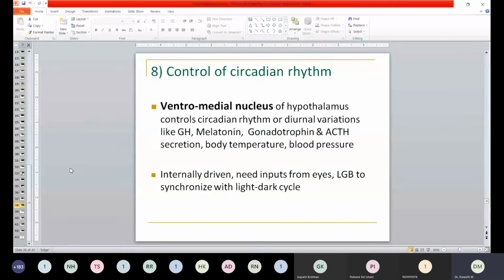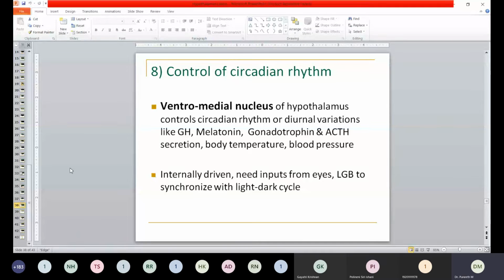That is called diurnal variations. For example, body temperature can be high during the evening and low during the morning. Those changes happening throughout the day, increasing at a particular time, are called diurnal variations. The other name given to that is circadian rhythm.